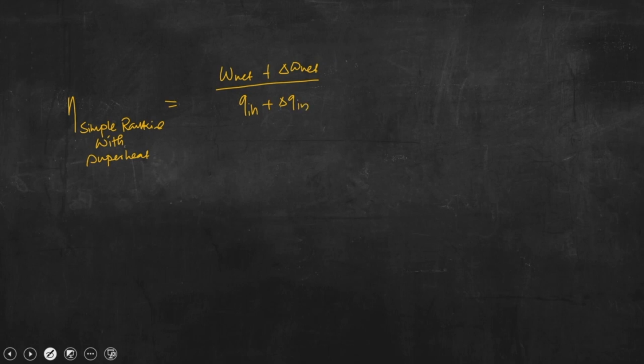Now, see, it is very important, this delta W net by delta Q in is greater than W net by Q in. This is what is seen in practice.